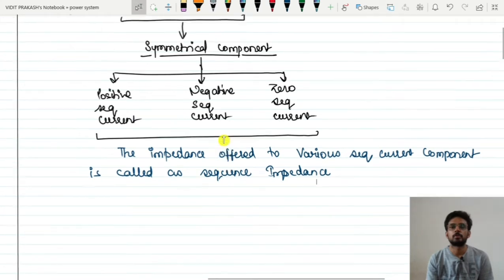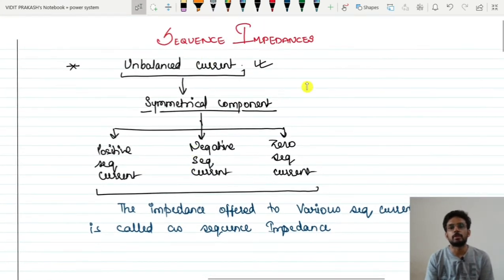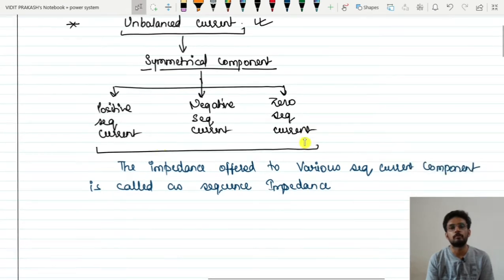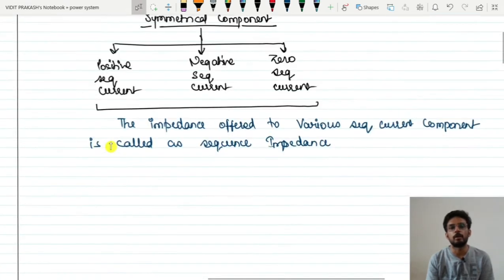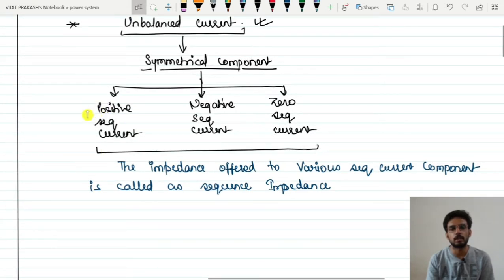So what is the sequence impedance? The impedance offered to these various sequence current components. If the impedance is offered to the positive sequence current, then that impedance is called positive sequence impedance. If the impedance is offered to the negative sequence current, that impedance is called negative sequence impedance, and the impedance offered to zero sequence current is called zero sequence impedance.